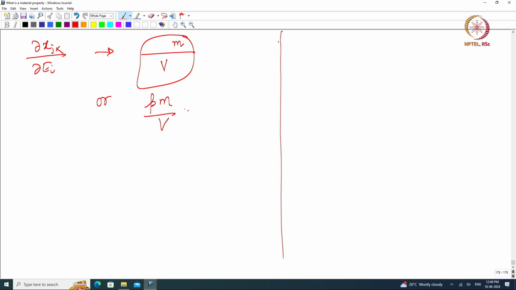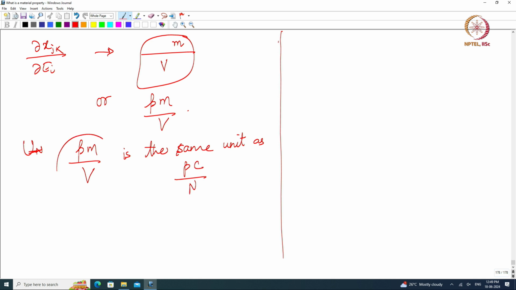The units need to match. By saying that the converse effect and the direct effect are the same in magnitude, I am going to tell you that picometer per volt is the same unit as picocoulomb per Newton, and you can go home and prove this.